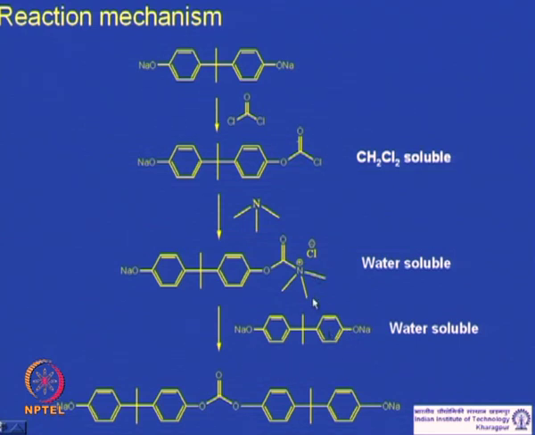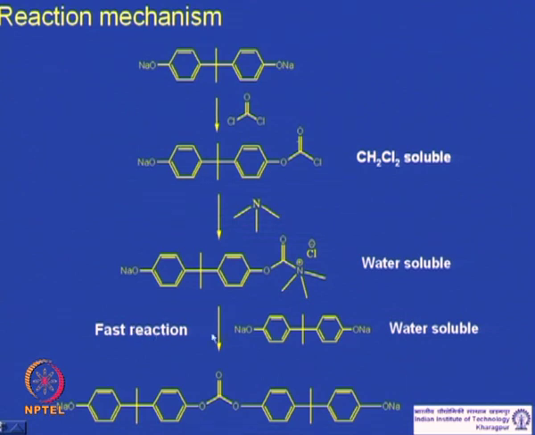So, now they can do the reaction on the water side of the interface. So, the reaction becomes faster. So, you have to add this amine catalyst to facilitate the reaction and have the reaction happening in a fast way.